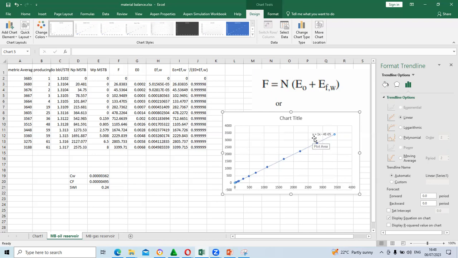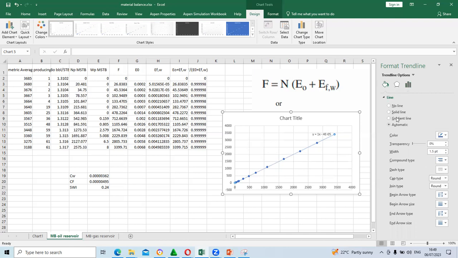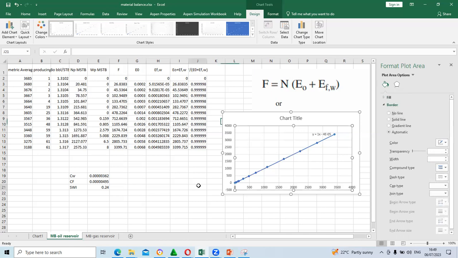That's the equation: y equals 1x minus 4e raised to the power negative 0.5. So that's what we have. Solid line. Solid there. All right. So that is what we have.